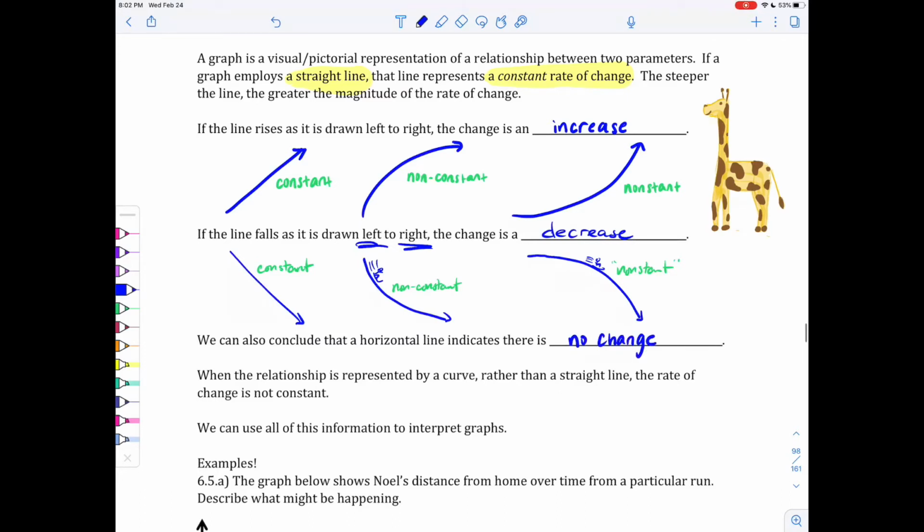So if we draw a straight horizontal line, that indicates there's no change in that rate. Alrighty, so we are going to just sum that up: if the relationship is represented by a curve, any sort of non-straight line, then that is going to be a not constant rate of change.